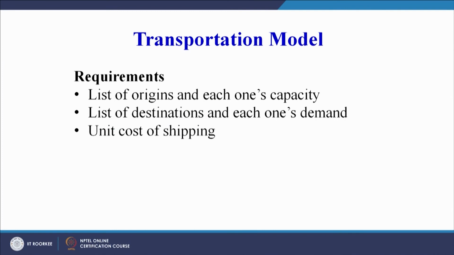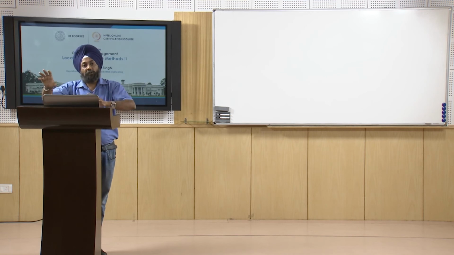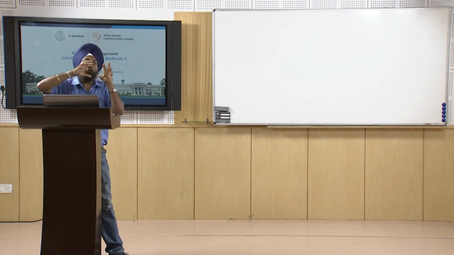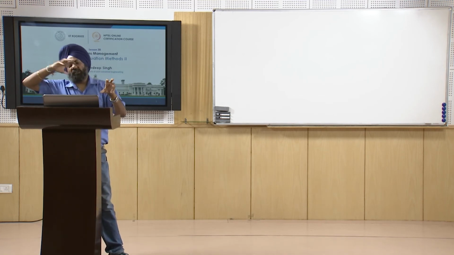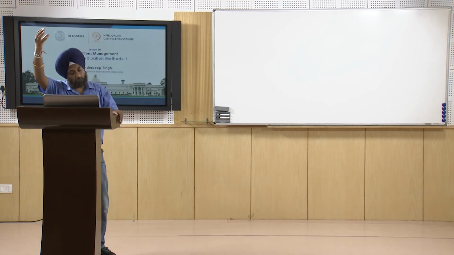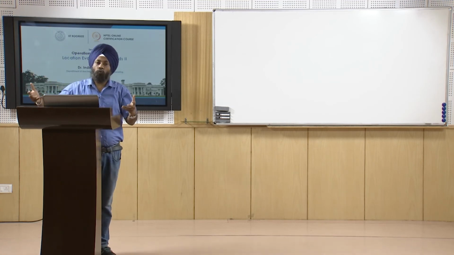If we are changing the unit cost of shipping for each demand and each source, for example from source A to destination B the shipping cost is 1, and from source B to destination D the cost is 2, or if the cost keeps changing, then the problem becomes very complicated.